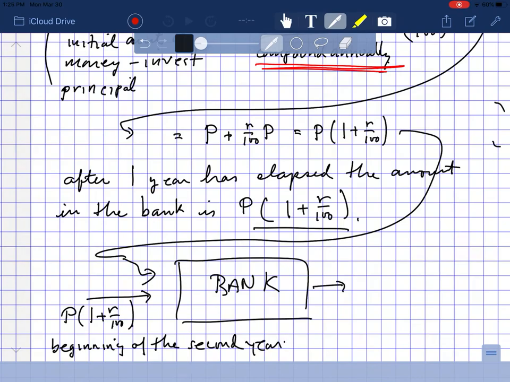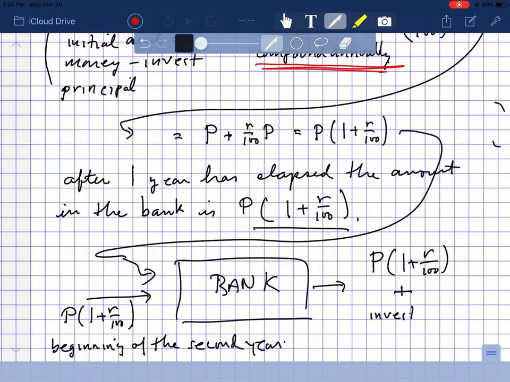And how much do you have after 1 year elapses? Okay, well, you have the money that you initially put in, which is P times 1 plus R divided by 100. So that was at the beginning of the second year. That's how much money was in the bank account, plus the interest earned on this.